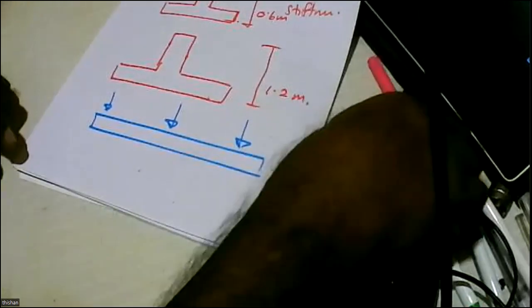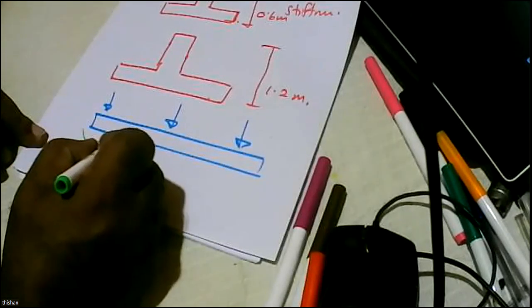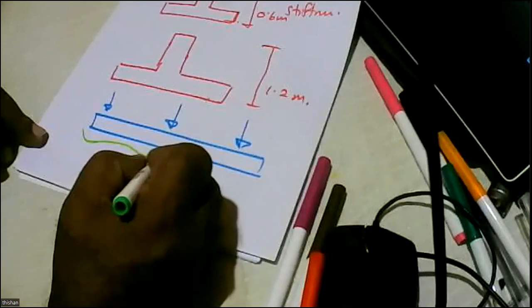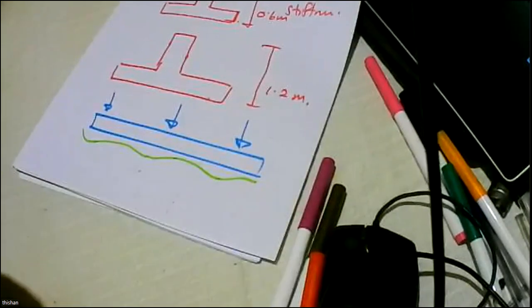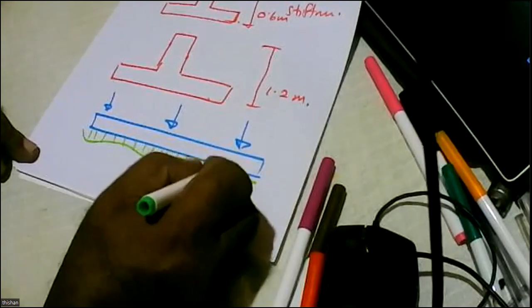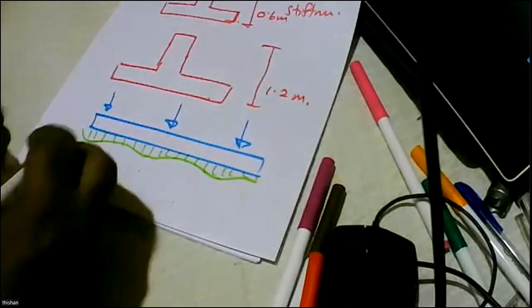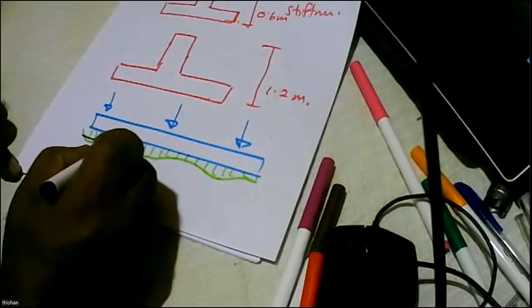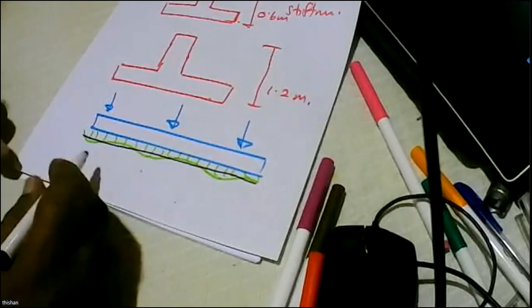We should have higher stresses here, lower stresses here, higher soil stresses here, lower stresses here, higher soil stresses, and all that. So this is the real distribution we expect. But if the foundation is firm, we might find that it flattens.